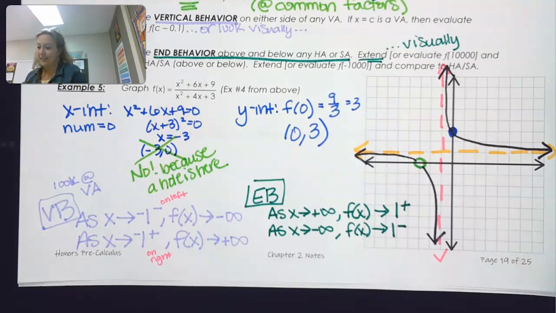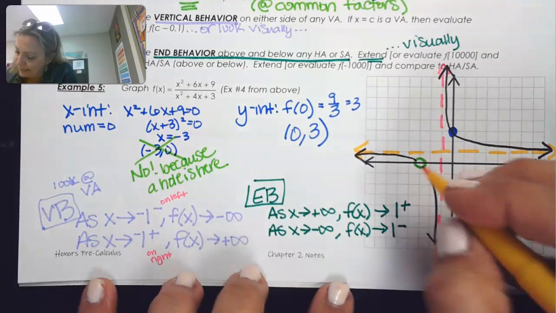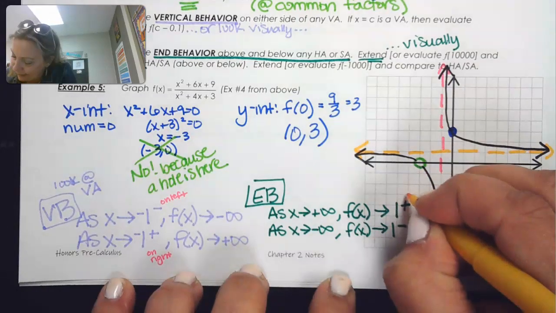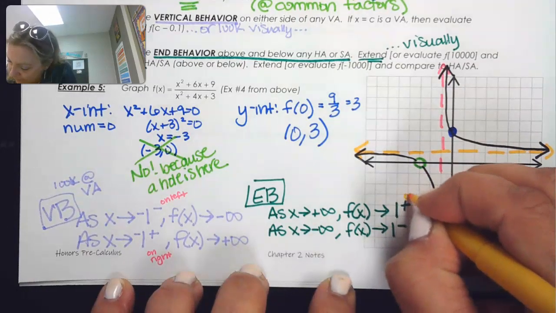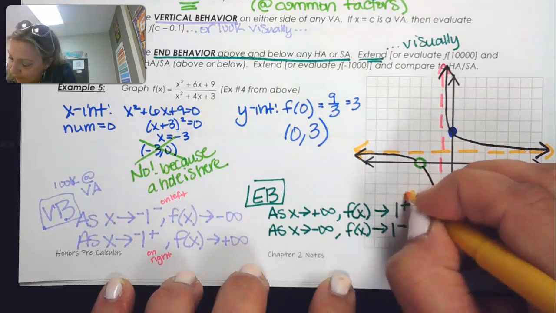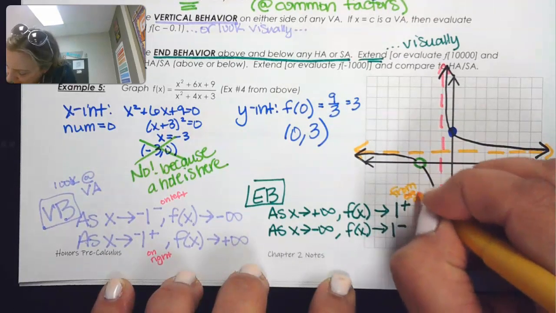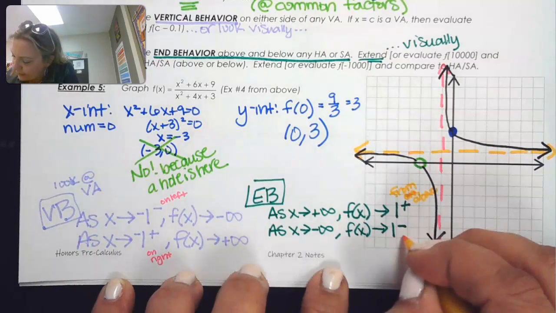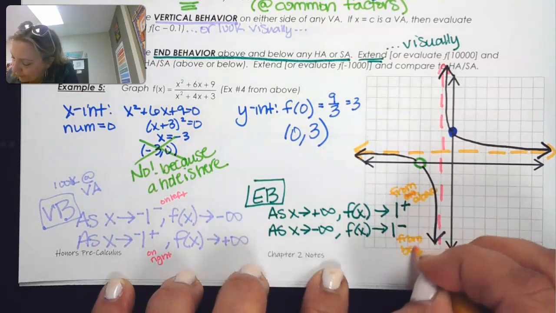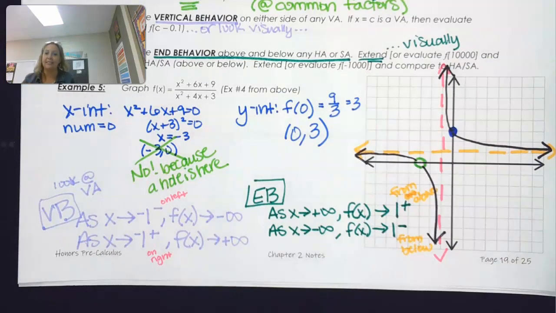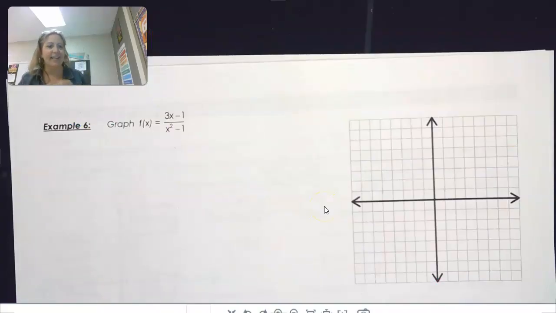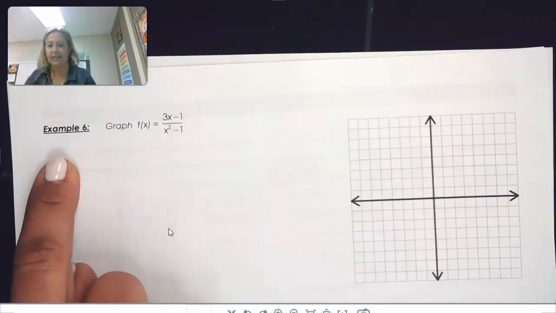Here for the end behavior, this basically is like on top, I guess I should say from above, and then this is from below. So it's approaching the asymptote from above, and approaching the asymptote from below.